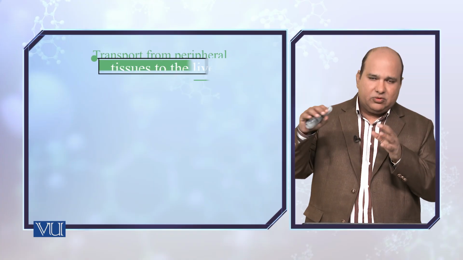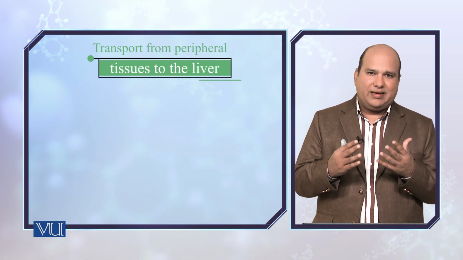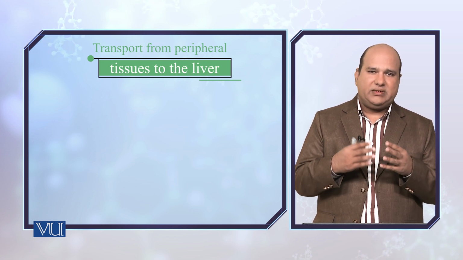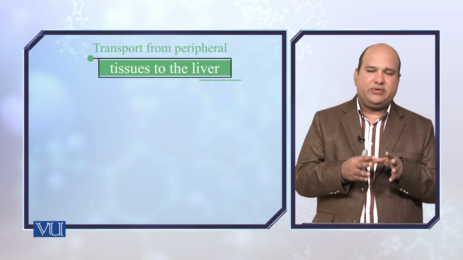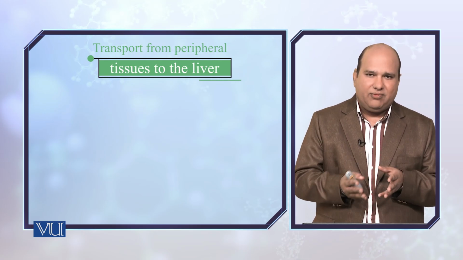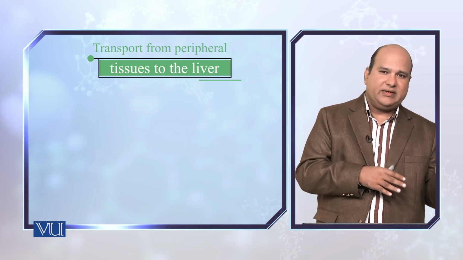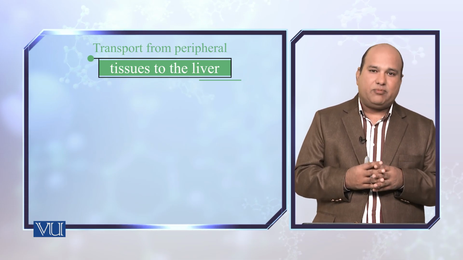before it's being converted into urea, ammonia has to be transported from one body part to the other. Specifically, it has to go finally to the liver, where the urea cycle then changes it into urea. So during this transportation, because ammonia is very lethal, it has to be converted into a compound which is not harmful, so that its circulation from one body part towards the liver can take place without any problem.